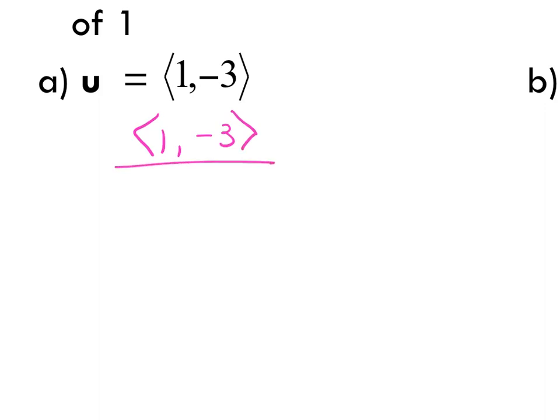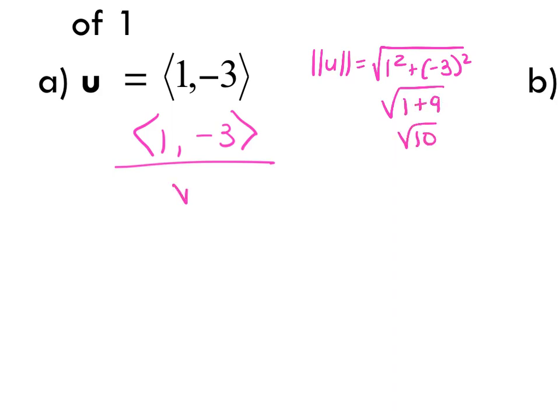And then my denominator is going to be the magnitude of u, which is the square root of 1 squared plus negative 3 squared. Square root of 1 plus 9, which is square root 10. Now both 1 and negative 3 get the denominator, so I can split this.